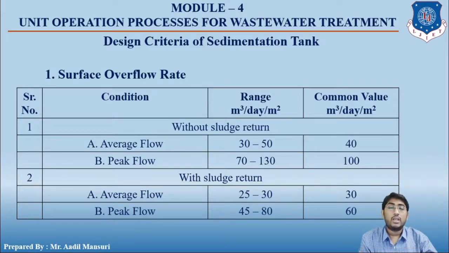Then with sludge return, for average flow it is between 25 to 30 meter cube per day per meter square, and the common value you can go for is 30. Next is peak flow, where the range is between 45 and 80, and the common value is 60. So this is one of the design criteria of sedimentation tank.